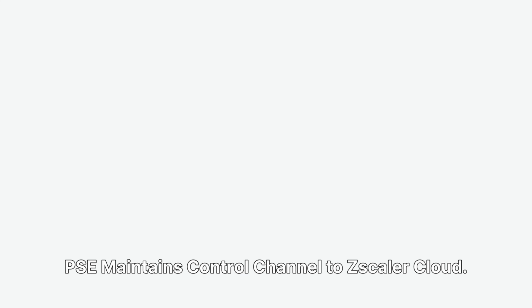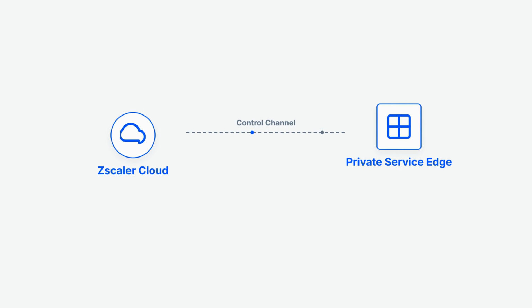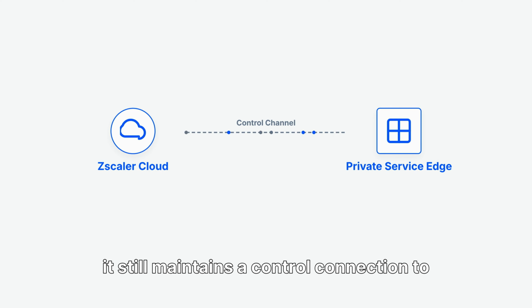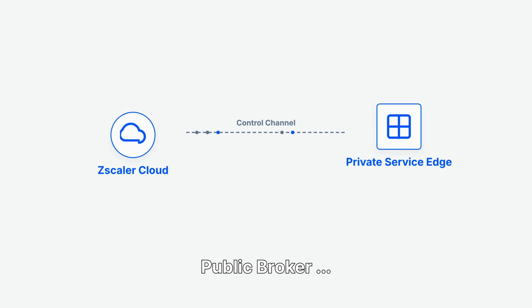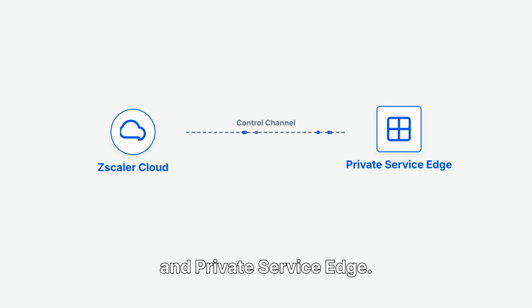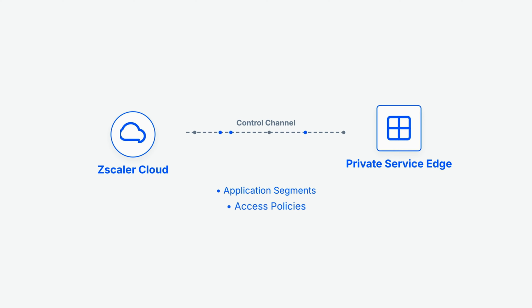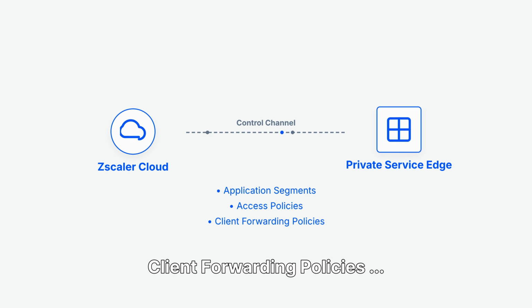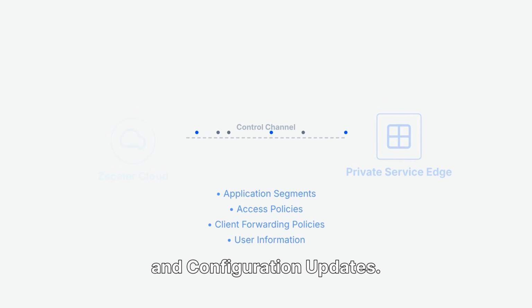Excellent question. PSE maintains a control channel to Zscaler Cloud. Even though PSE processes sessions locally, it still maintains a control connection to Zscaler Cloud. Think of it as public broker and private service edge. This control channel continuously synchronizes application segments, access policies, client forwarding policies, user information, and configuration updates.